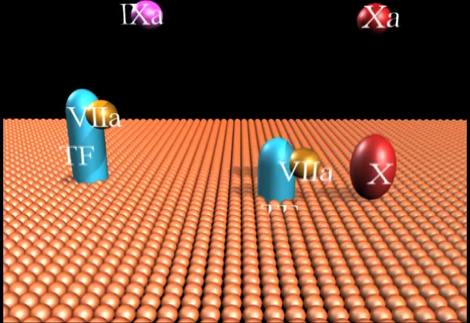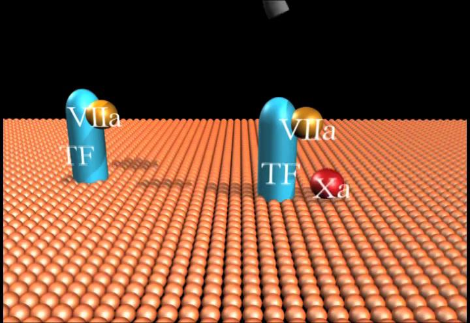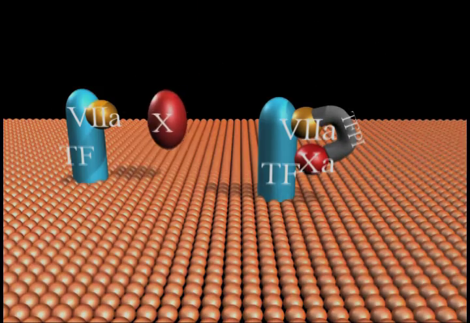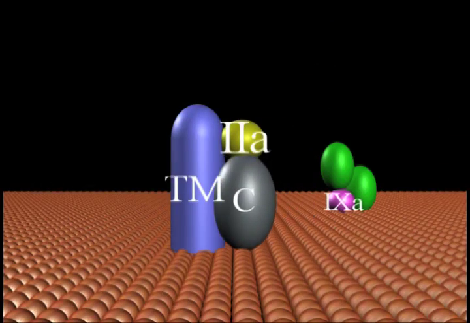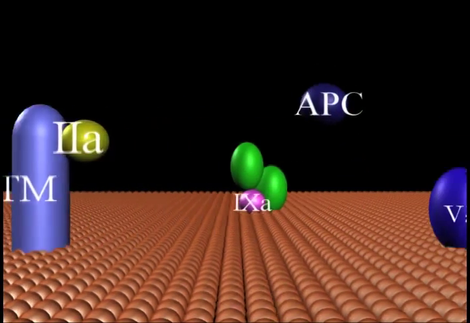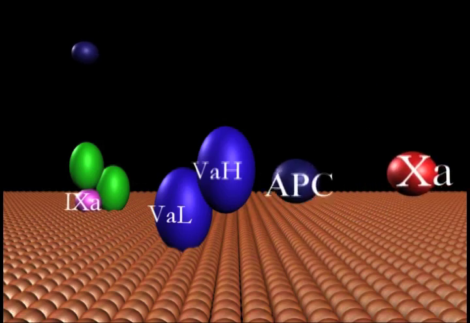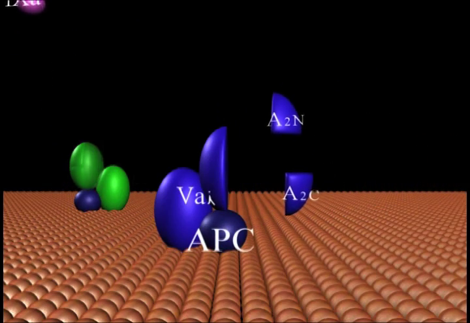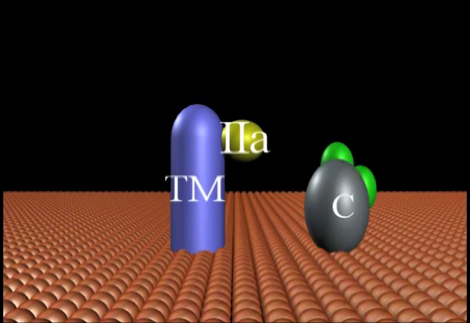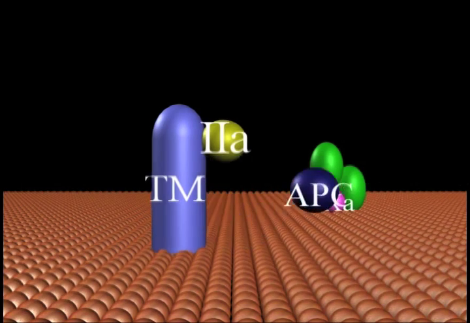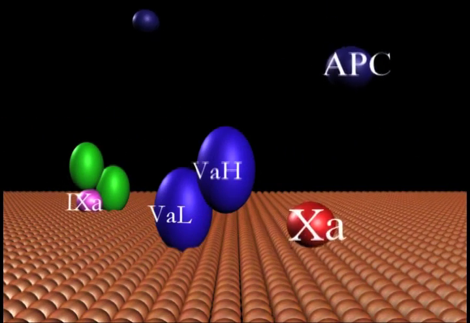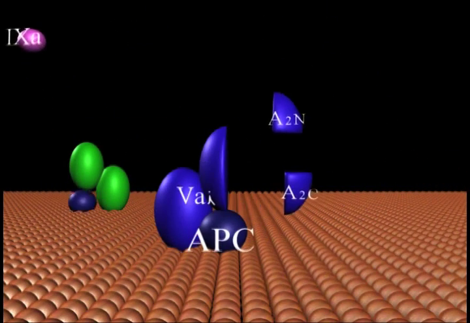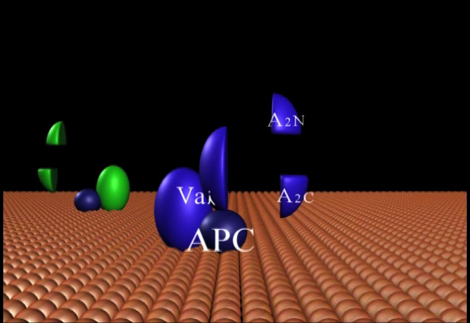TFPI inhibits the tissue factor-factor 7a-factor 10a product complex. Thrombin (2a) binds to resident thrombomodulin molecules constitutively present on the vascular endothelial cells. The resulting complex, TM-2a, activates protein C to APC, which in turn downregulates any intrinsic factor 10a, 8a-9a.